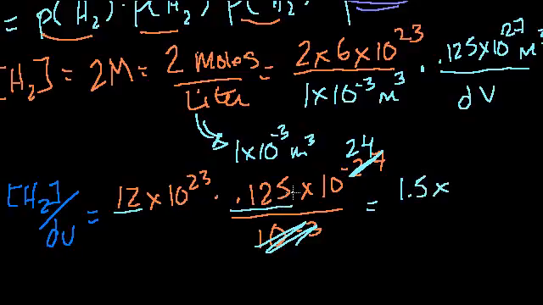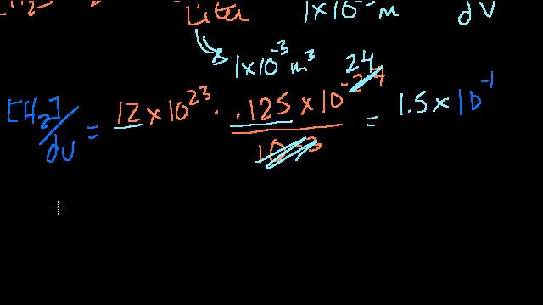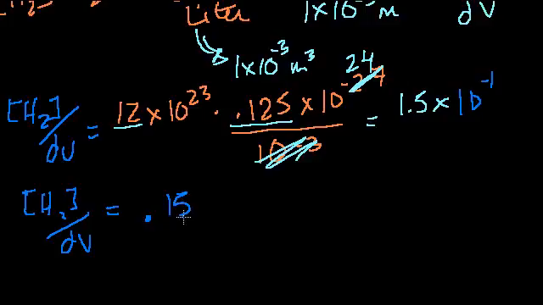And then 10 to the 23rd times 10 to the minus 24th is equal to 10 to the minus 1. So it's just divided by 10. So your concentration of hydrogen in a little cube that's half a nanometer in each direction is equal to 0.15 molecules.